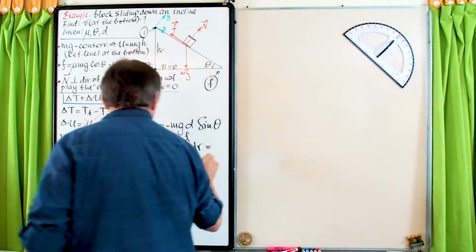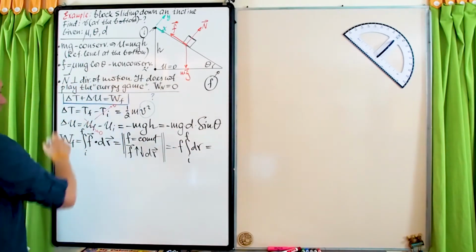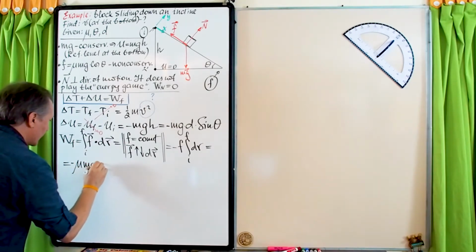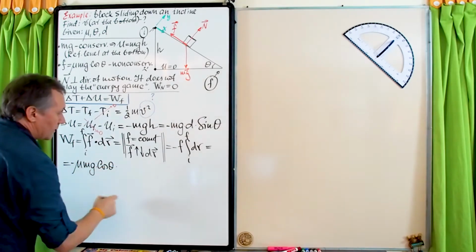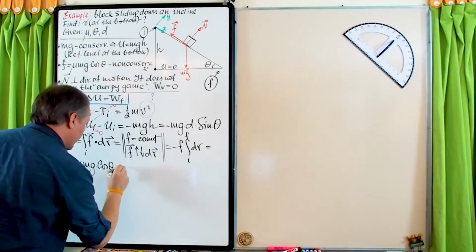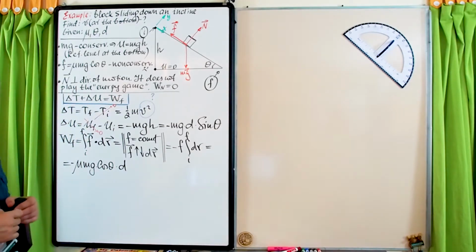And the value of F we know from the very beginning, basically mu mg cosine theta, and the integral is just the length of the incline, so d. So that's the value of the work done by a non-conservative force.